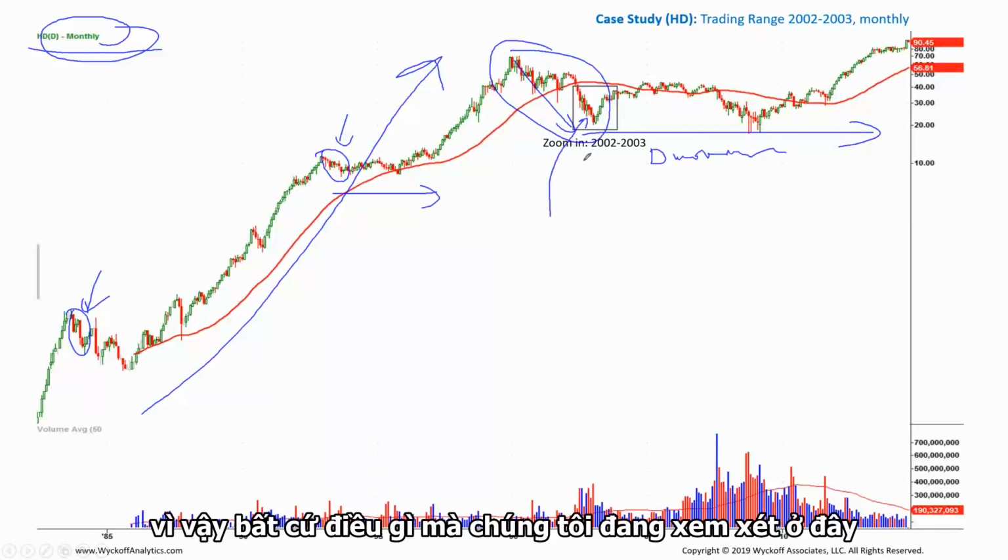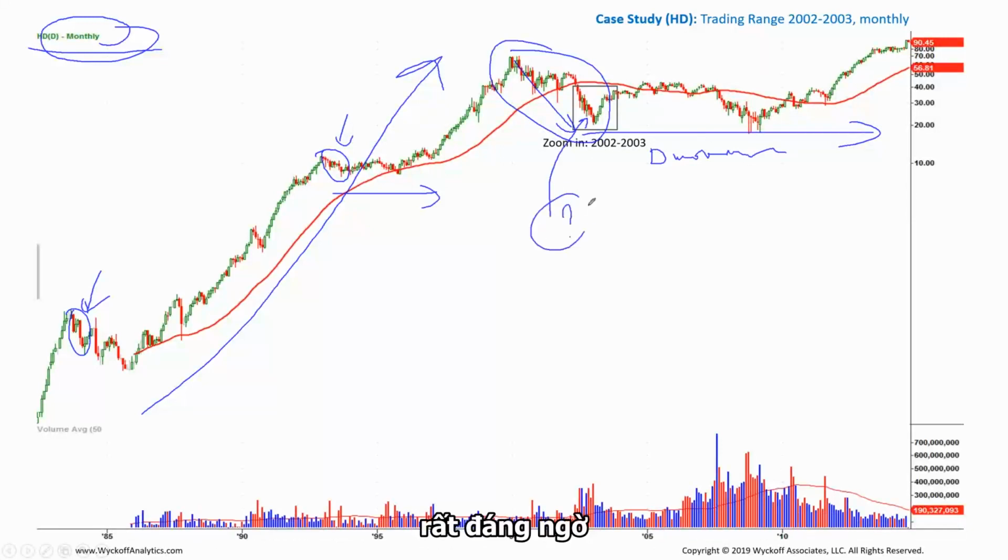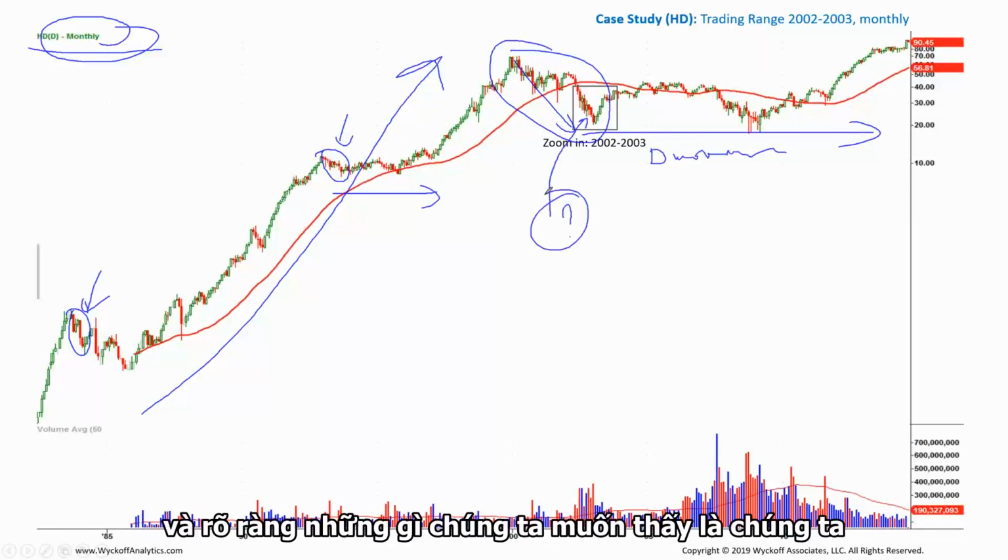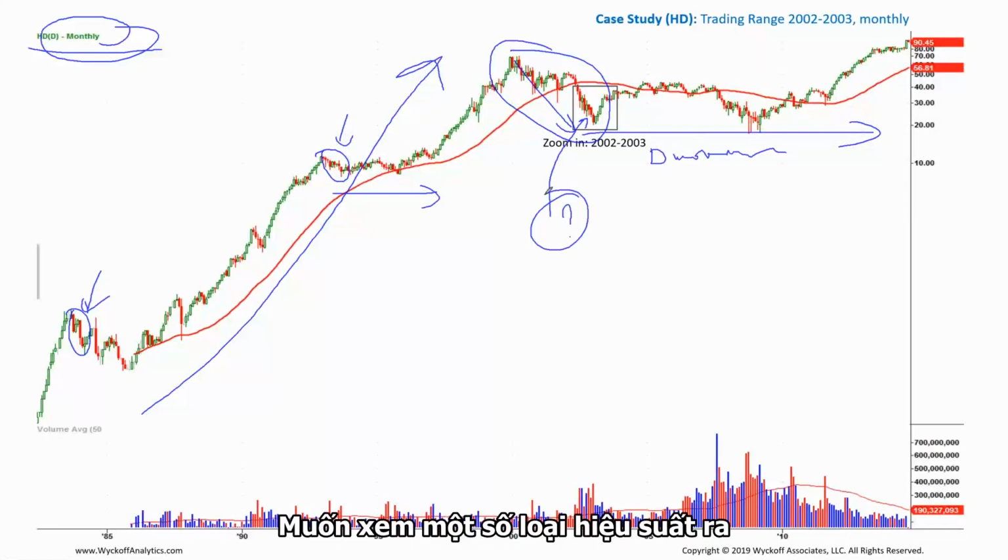So anything that we are looking at here is very questionable. And obviously what we want to see is some kind of outperformance here that would suggest that institutions are getting into this position. And as they get in, they absorb the supply, and that would mean a good sustainability of the trend.